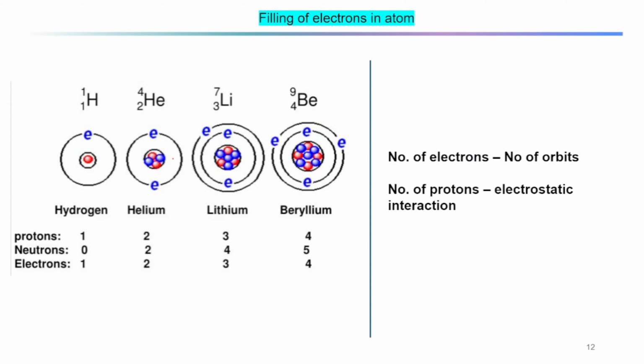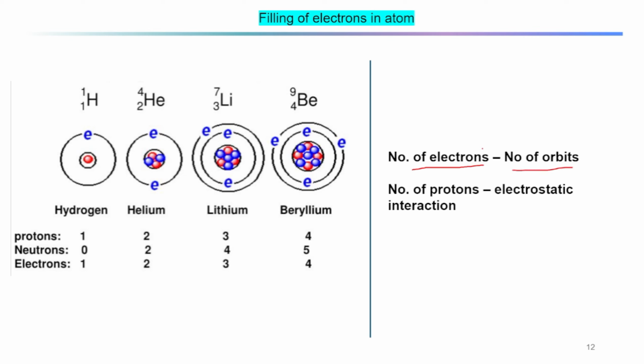Next, we are going to discuss the filling of electrons in an atom. The first thing is that the number of electrons determines the number of orbits.